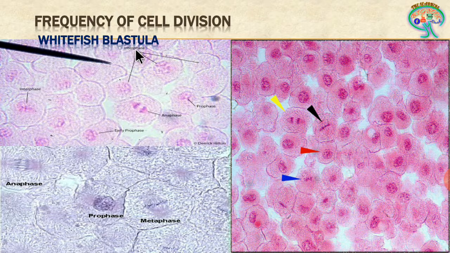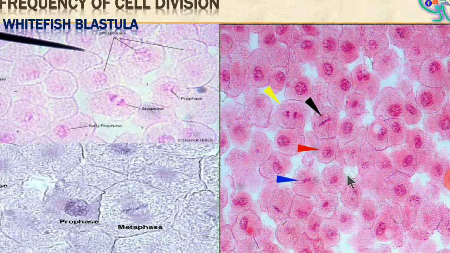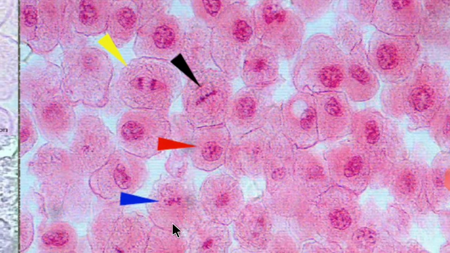Next, these are the whitefish blastula cells. Here you can see we have taken 3 diagrams, 1, 2 and 3. In this diagram you can see the cells: this is pre-anaphase, this is metaphase, this is prophase, this is again prophase, this is again metaphase.